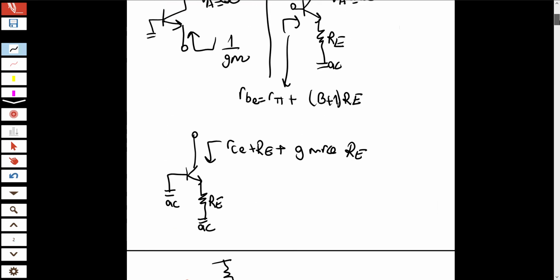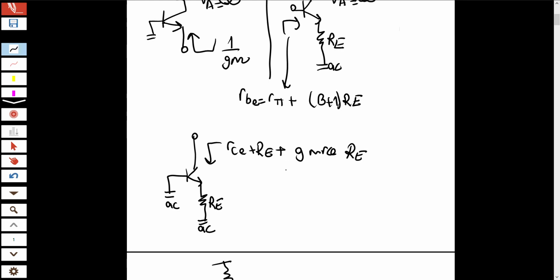Here what we see is R_E parallel r_pi. Remember, r_pi was beta over gm, plus r_o plus gm r_o times R_E, parallel r_pi.